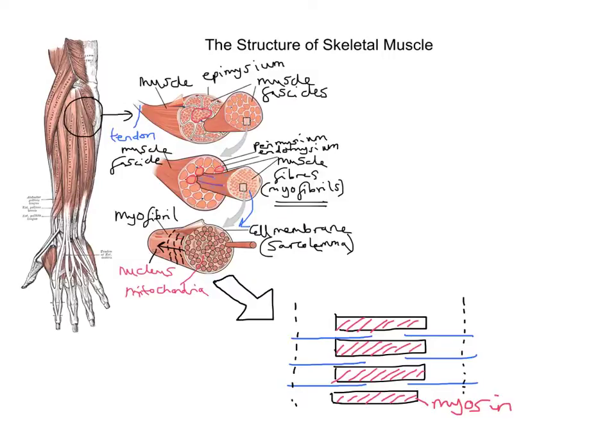So we have thick myosin filaments, and then you have much thinner, what are called actin filaments. And this whole region here is what we know as a sarcomere.